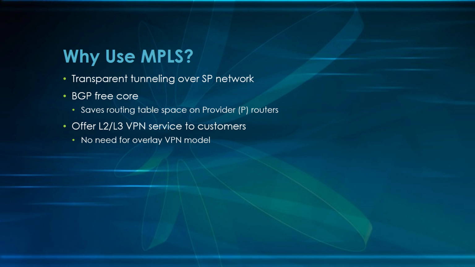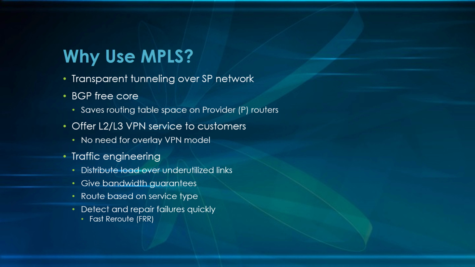Now, there are some mechanisms like traffic engineering that can be leveraged to use underutilized links. You can give bandwidth guarantees. You can specify that a particular type of traffic prefers this path over this path. You could say if it matches this particular value, you can't take this path through the network.